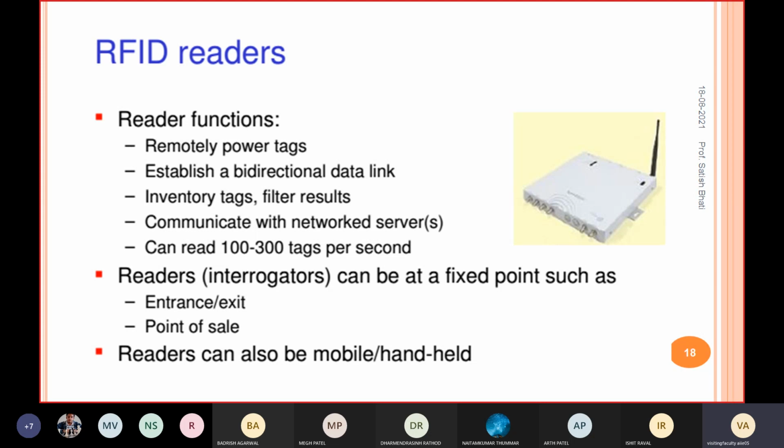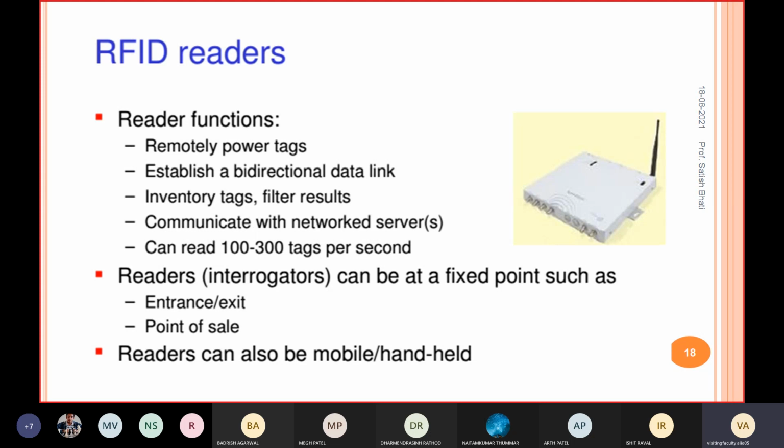Its function is to remotely power the tag. If your RFID tag is of passive type, it needs power to transmit the signal, and that power is provided by the reader. So the first major function of the RFID reader is to provide power to the tag remotely, meaning wirelessly.